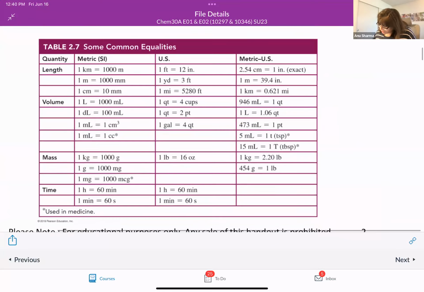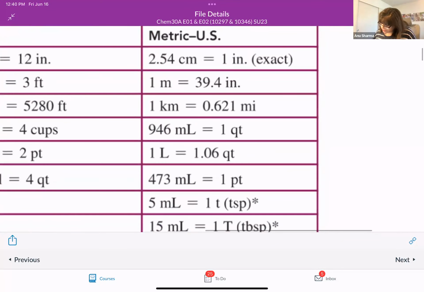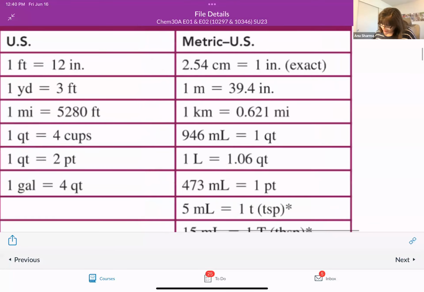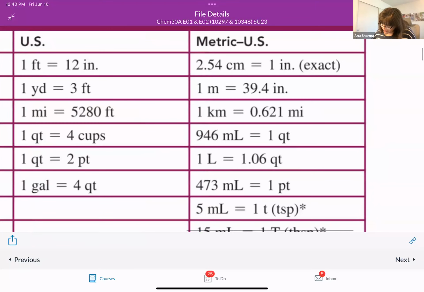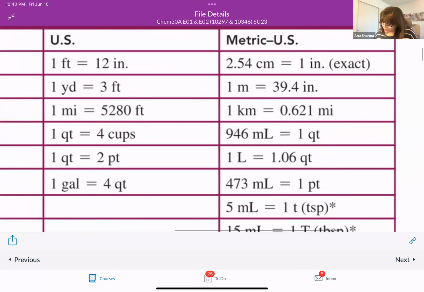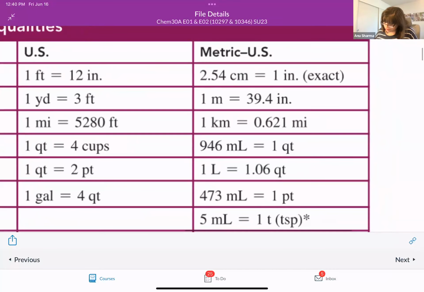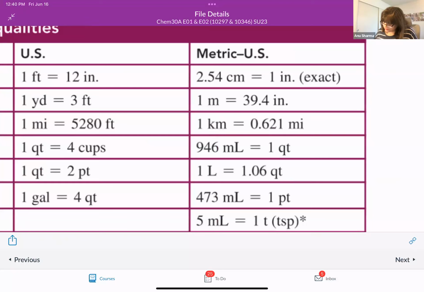Okay, inches to centimeter is there, and then feet. Okay, inches to feet. So that's a direct conversion. Inches to feet is the direct conversion. 12 inches is 1 feet. Yeah, so it looks like it's a direct conversion. Centimeter.